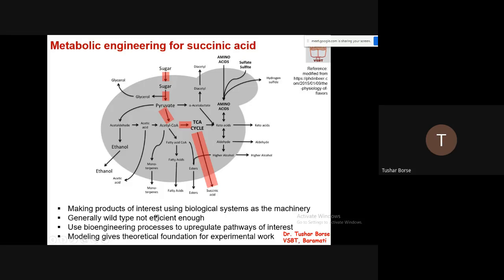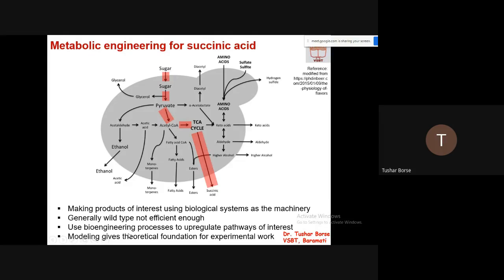Maybe they might be growing under drastic conditions, but you are not getting the product of your interest. And for this we use bioengineering processes. By using these bioengineering processes, you can upregulate the genes, or activate the genes, so that production can be obtained in a higher amount, or in some cases you can suppress the genes so that an undesired product cannot be produced.